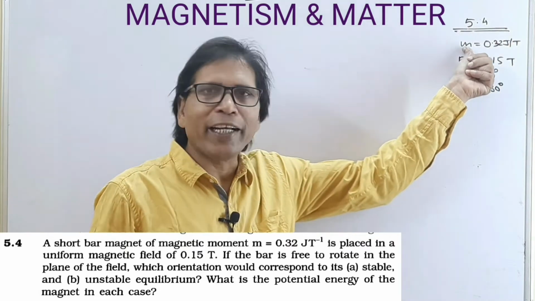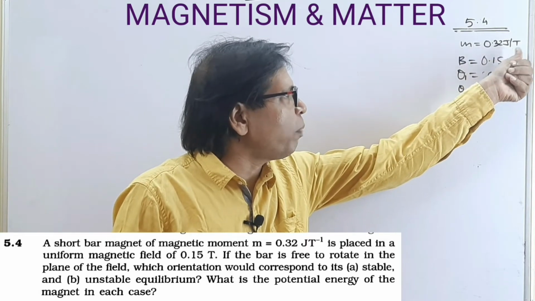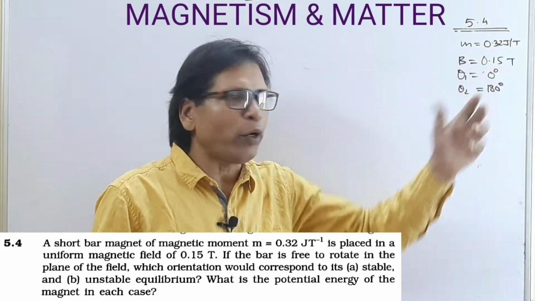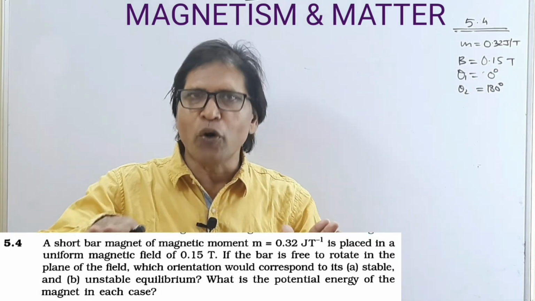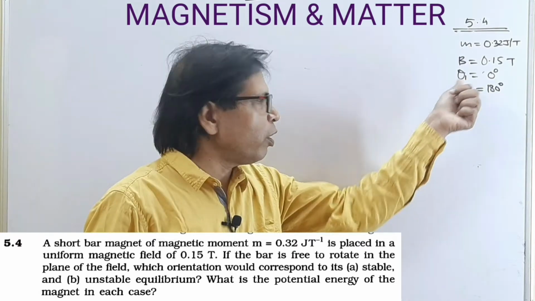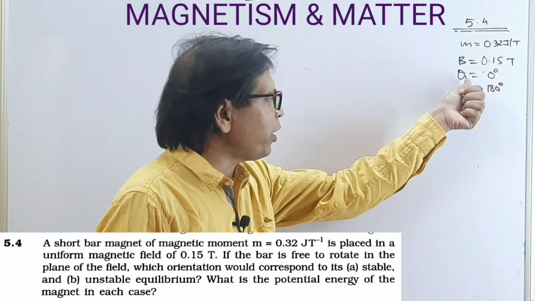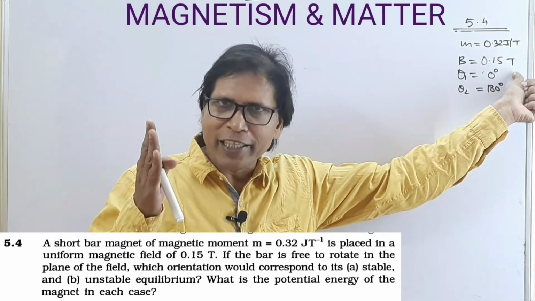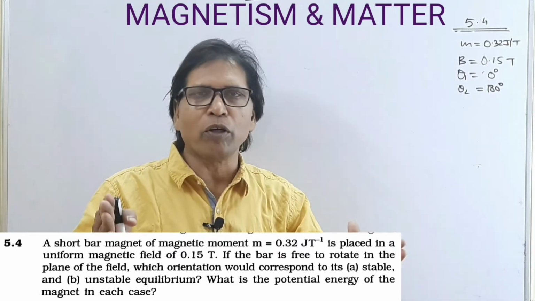A bar magnet of magnetic moment 0.32 joule per Tesla is placed in a magnetic field 0.15 Tesla. The magnet is free to rotate in the field. Now find the potential energy when it is placed in equilibrium position, that is in stable equilibrium, and number 2 in unstable equilibrium.